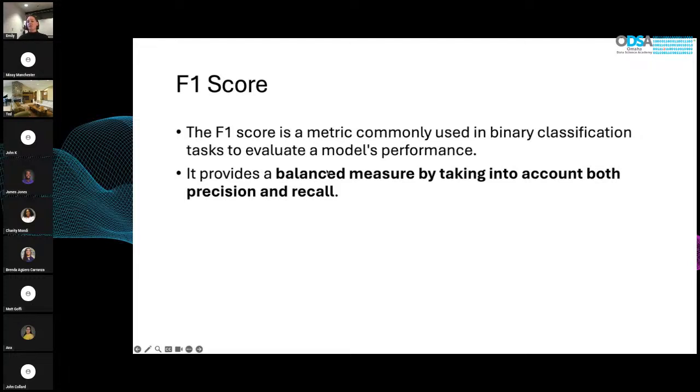We predict everybody is a non-fraudulent individual. We get 99% performance. Looks really good. We're not actually doing what we want to do. We're not actually predicting a single person is fraud. So F1 score is a way to measure the balance between the precision and the recall, which would be a better metric for that situation.